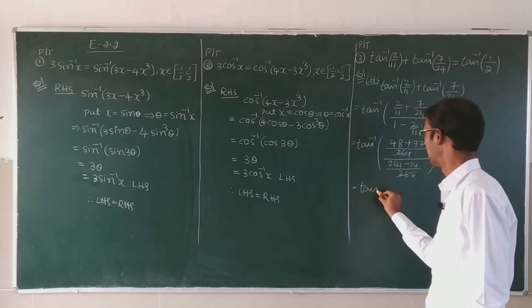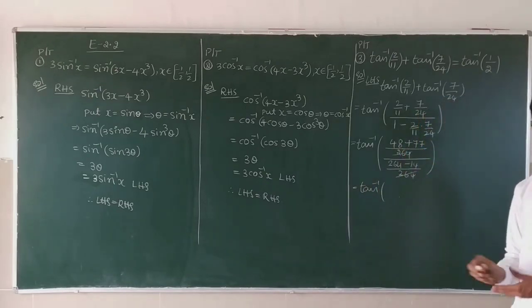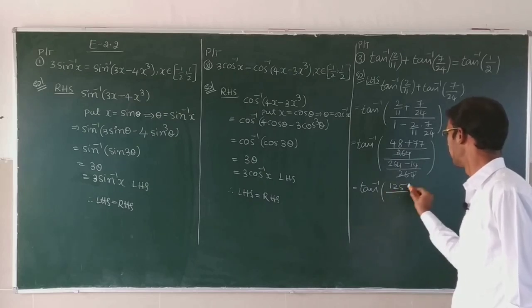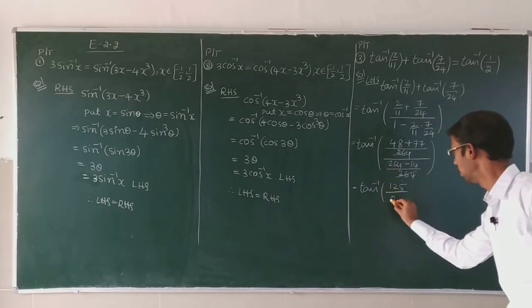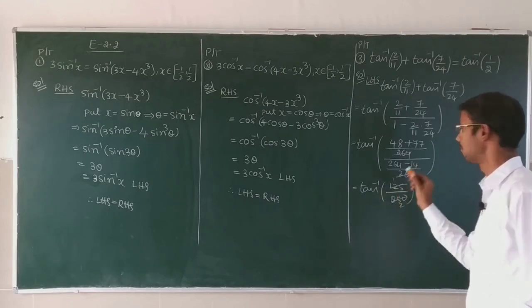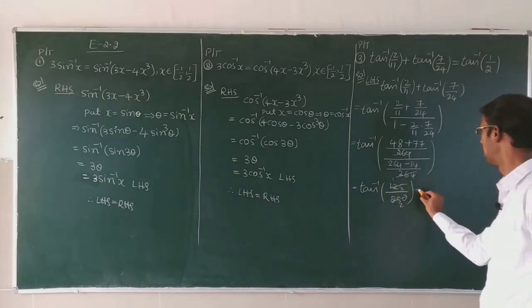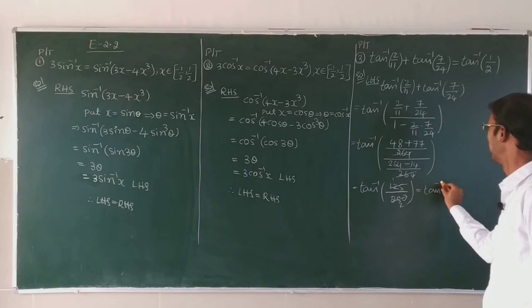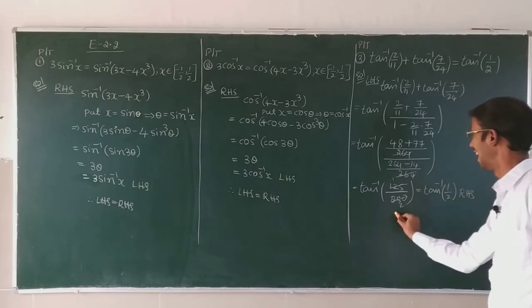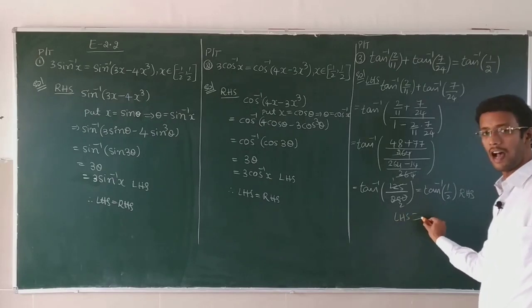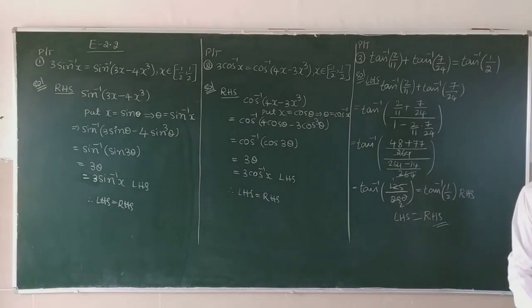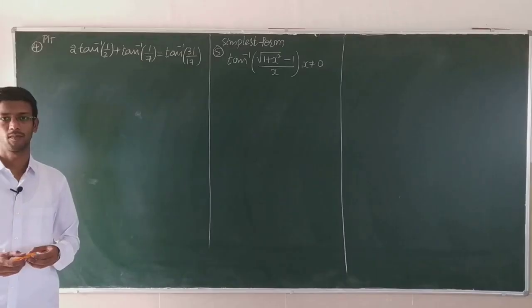Tan inverse of 125 divided by 250. That is equal to tan inverse of 1 by 2. It is RHS. LHS is equal to RHS. Pause the video.